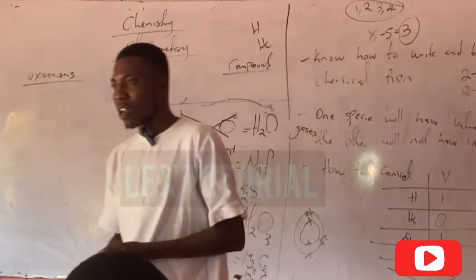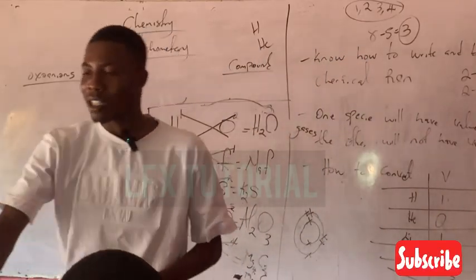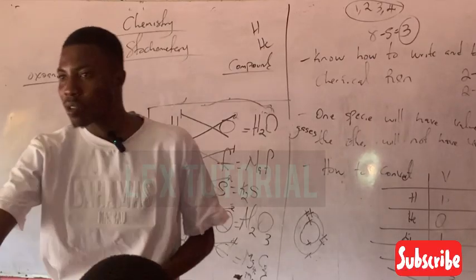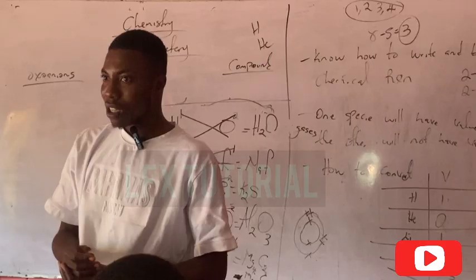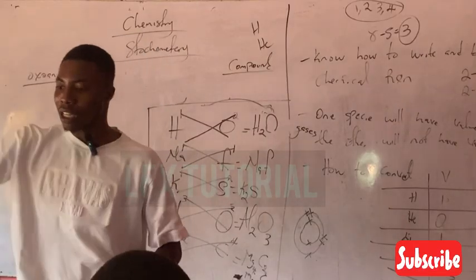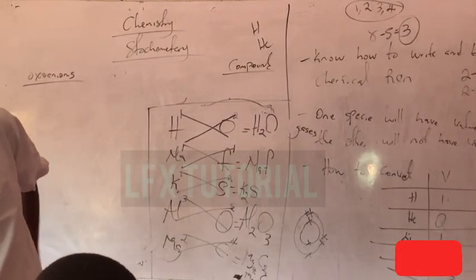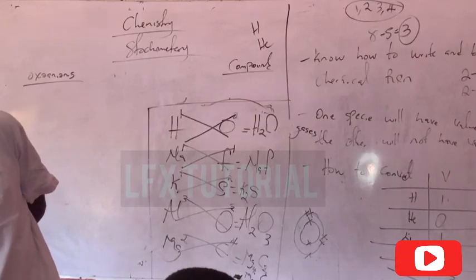For example, this particular young man is looking for 10 million naira. And someone gives this young man 8 million naira. How much is remaining? 2 million naira.